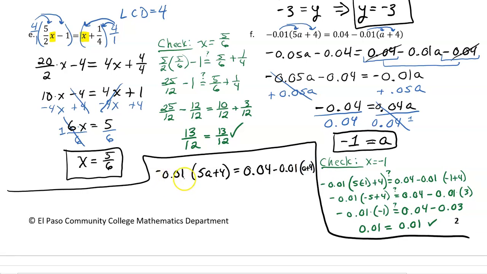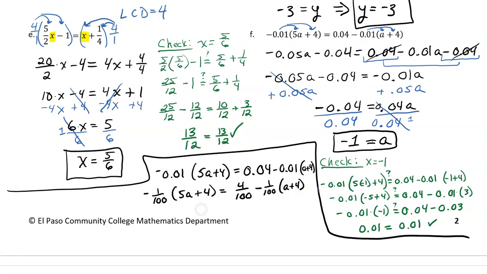So instead of negative 0.01, I could say this is negative 1/100th times the 5a plus 4 is equal to, this is the tenths, hundredths is the 4, so this is 4/100ths minus 1/100th times a plus 4.